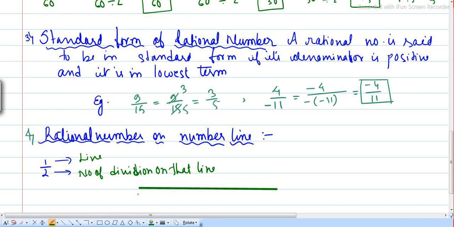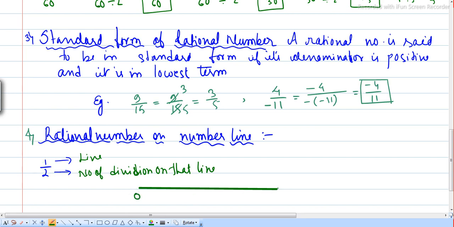Now you see it is 1 by 2, so this number will lie between 0 and 1. How did I come to know? Because here the numerator is less than the denominator. A number which has numerator less than denominator is also known as a proper fraction. Also, if the numerator is smaller than the denominator, then this number lies between 0 and 1.